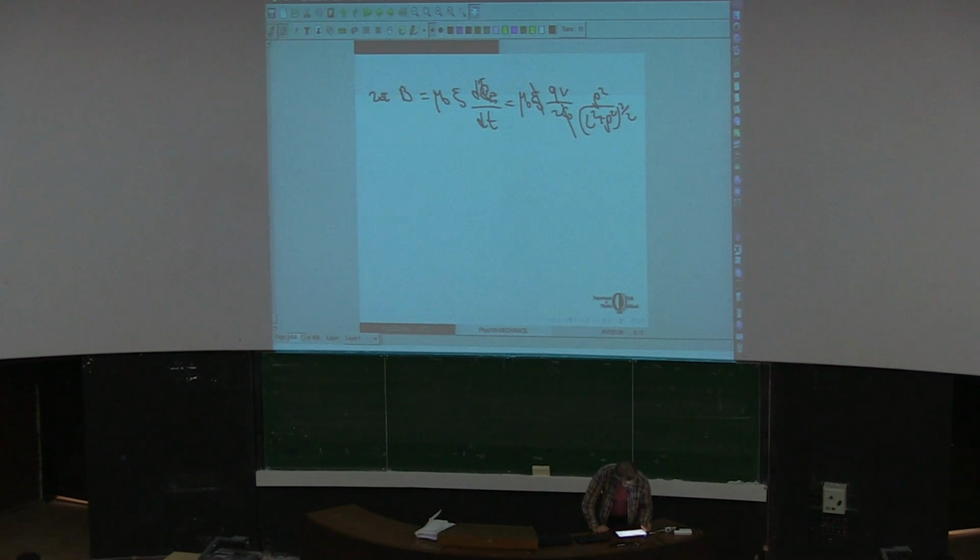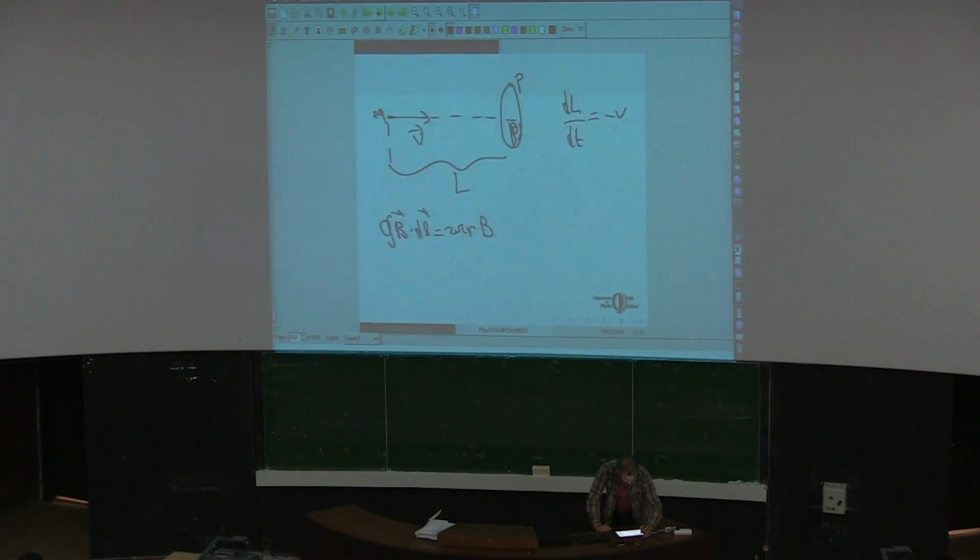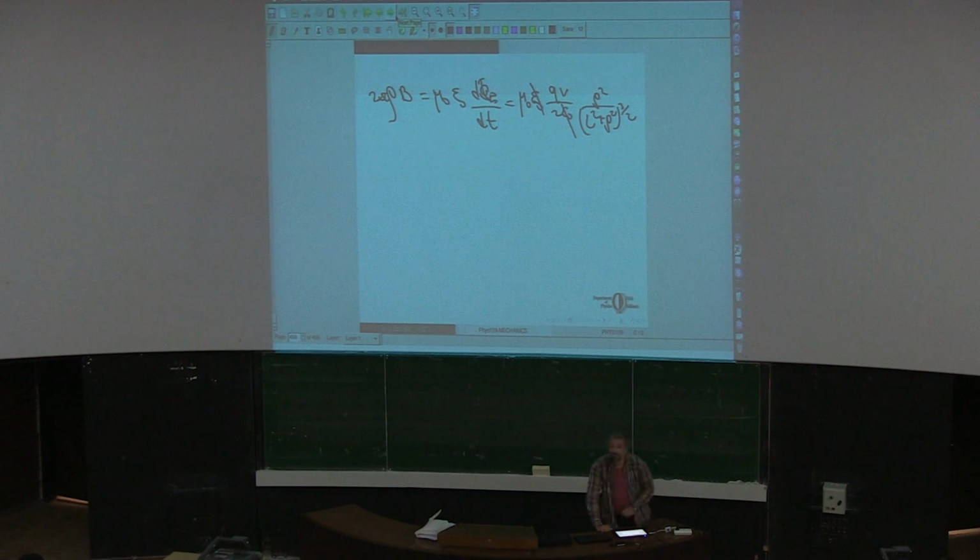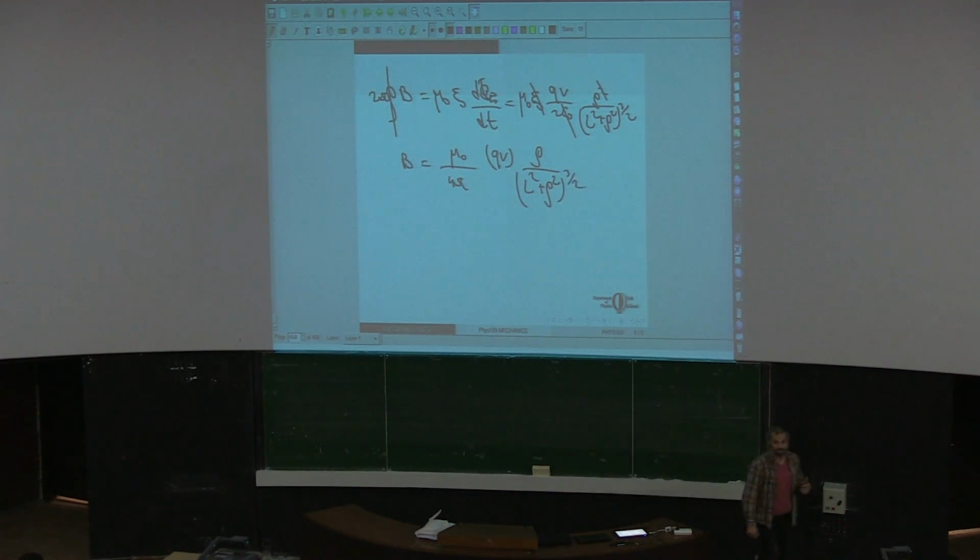Sorry, this is not r, this is rho. That is how we had defined it. There's a mistake over there. Now this radius is rho. Okay, so rho's cancel. And we have B is equal to mu 0 over 4 pi q times v rho over L squared plus rho squared to the 3/2. Okay, this is our B, the magnetic field created by this moving charge.